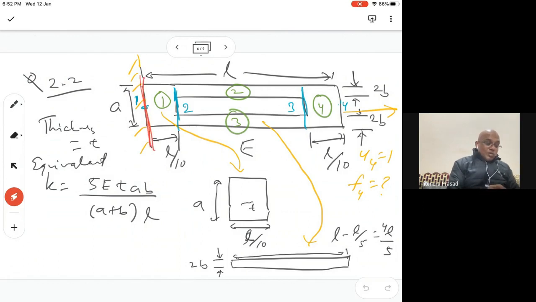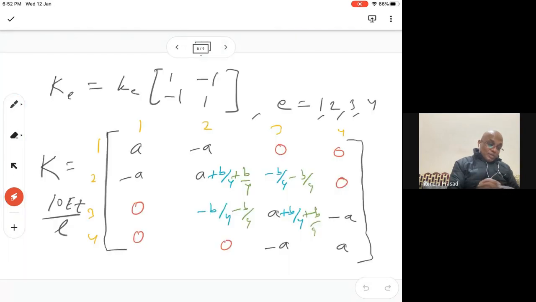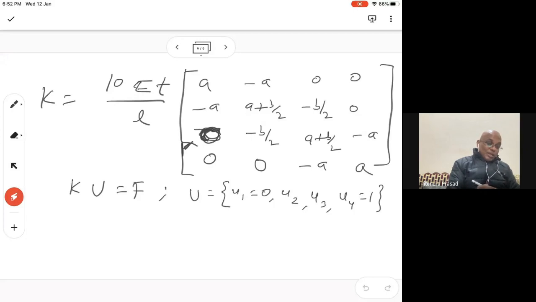That means u1 equals 0 because you are fixing it, u2 you don't know, u3 you don't know, u4 you know, u4 equals 1, and you want to find out f4. So you don't need to invert the matrix here. Okay, that's the message. What do you do? Here u4 equals 1, and finally, okay, no, you have to invert a matrix, otherwise you will not know u2 and u3. Since you don't know u2 and u3, you cannot get f4.